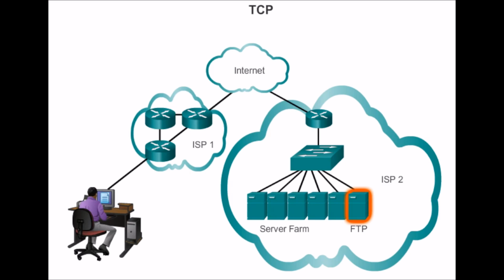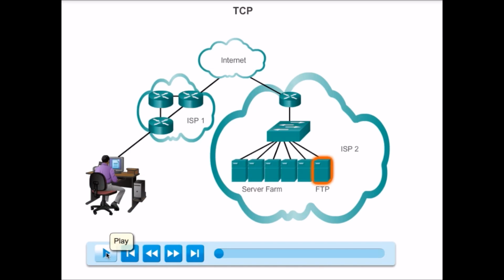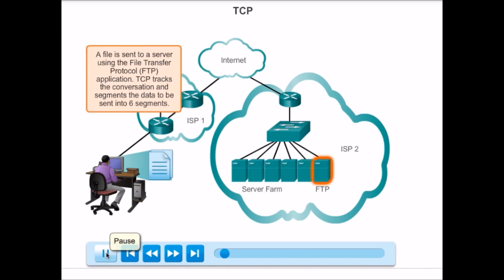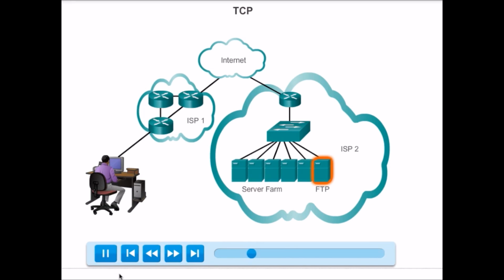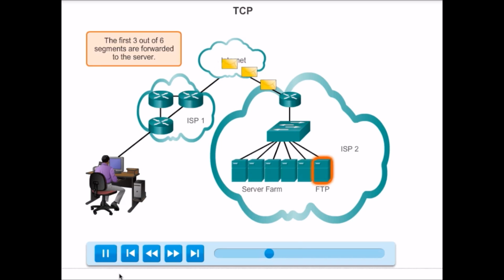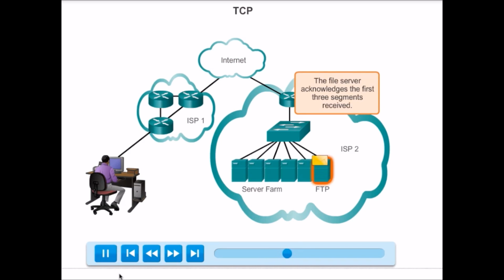It can be seen as a service that tracks packages from source to destination. As we can see in the video, it has three basic operations: tracking transmitted data segments, acknowledging received data, and retransmitting any unacknowledged data. TCP breaks up a message into small pieces or segments. These are numbered in sequence and passed to the IP process for assembly into packets. TCP keeps track of the number of segments sent.